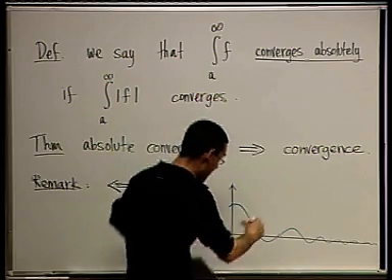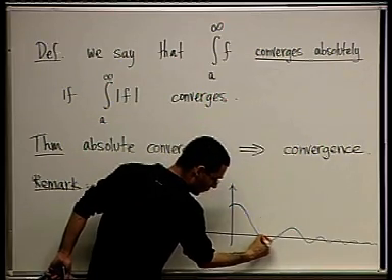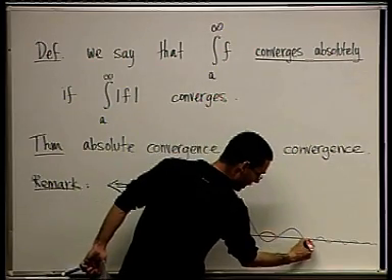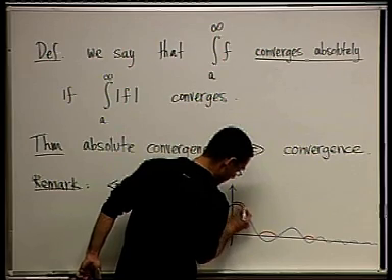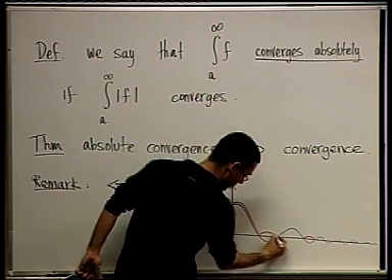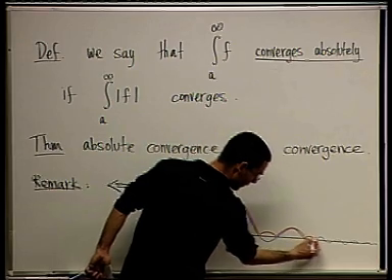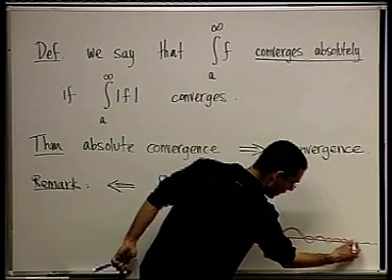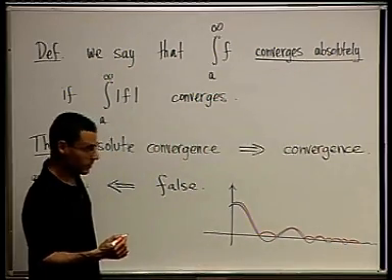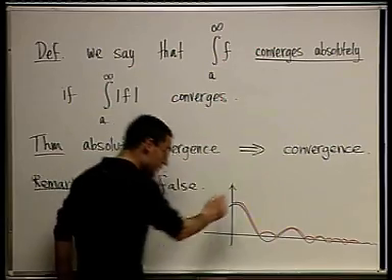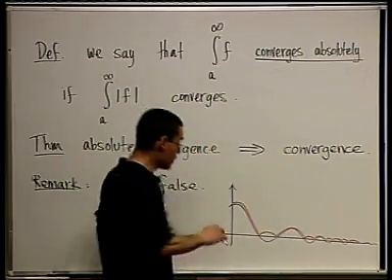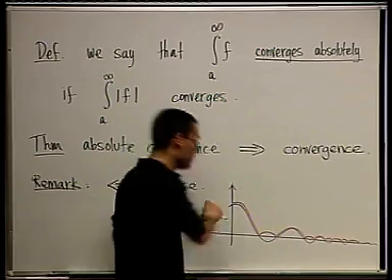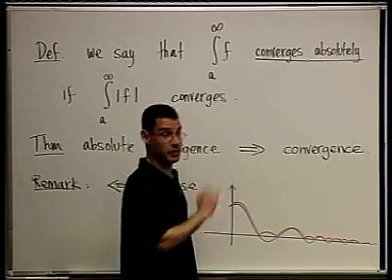Whereas if we take the absolute value of the function, which pictorially would just be obtained by flipping all these parts where it's negative, so in orange is the absolute value of the function. Do you agree that this is what the absolute value of the function would look like? In orange. It could happen that the orange one would diverge. When we're just adding up all these areas and not subtracting half of them, it could be that the integral would diverge.